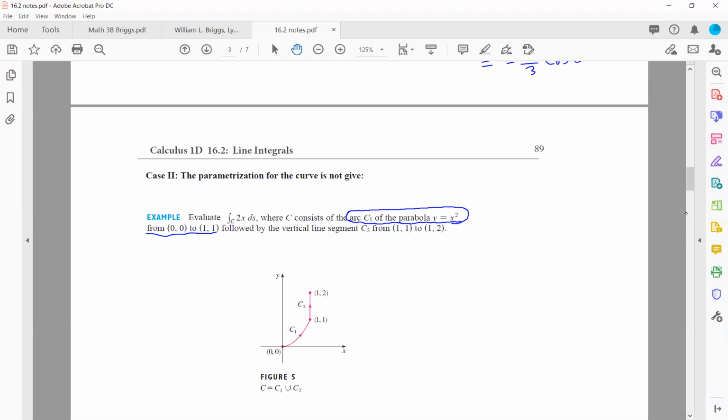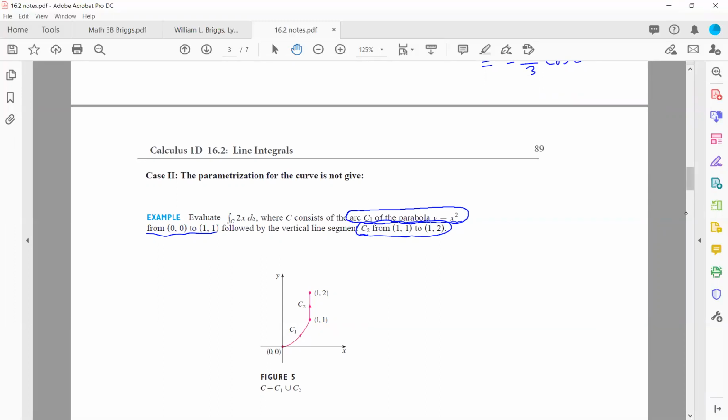So let us graph this guy. The first curve, 0, 0, to 1, 1, and it stops here. So this is your C sub 1, which is y equals x squared, followed by the vertical line segment C sub 2, which is just a straight line connecting 1, 1 to 1, 2.